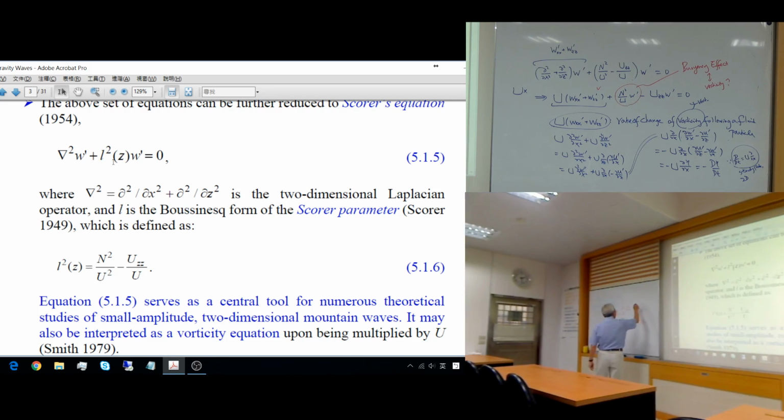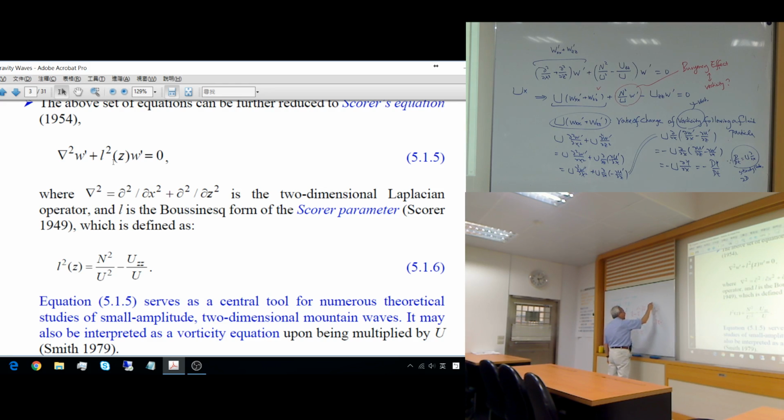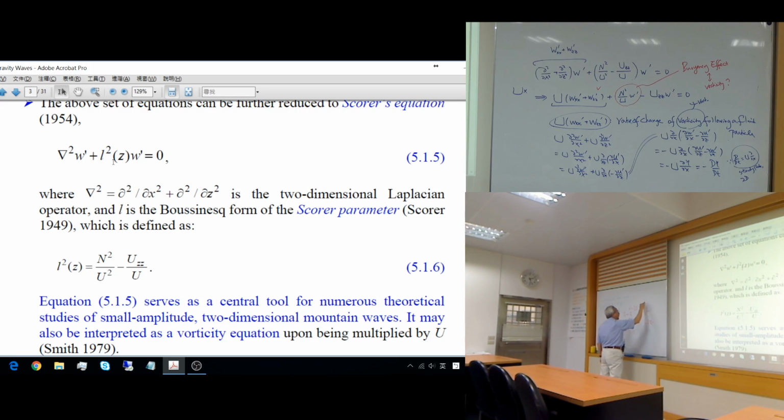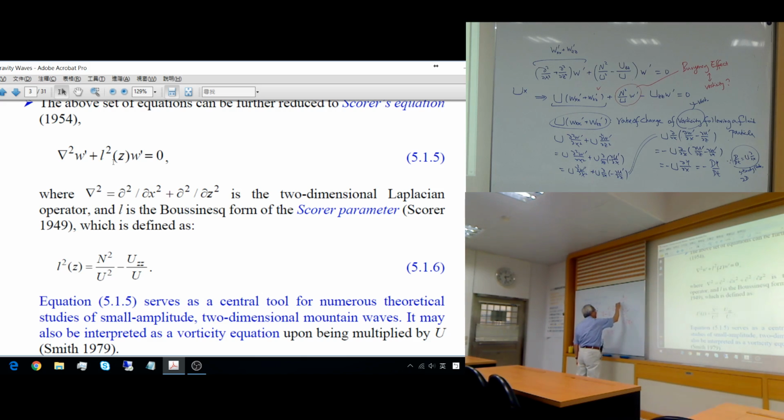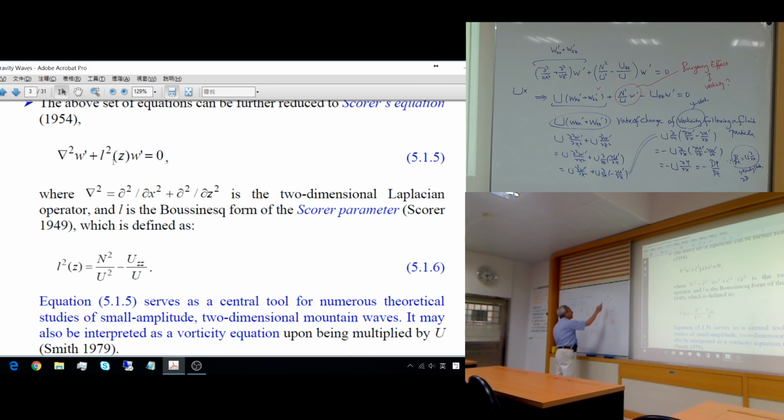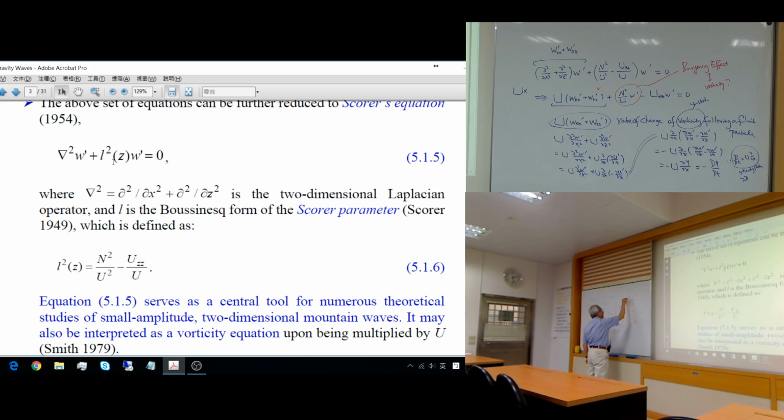Say I have an air parcel here in the fluid, and here I have upward motion. That creates what? Y vorticity. This creates a pair of Y vorticity. Here is positive Y vorticity, and this is negative Y vorticity.